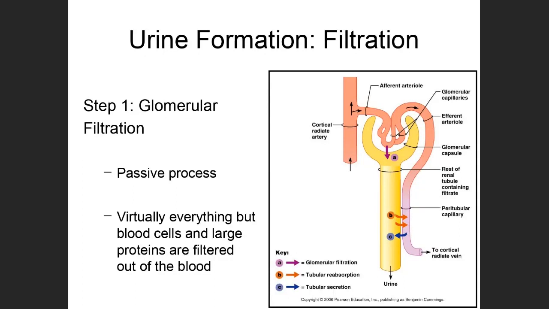And what I mean by that is there is no energy in the form of ATP that's having to be used to physically pump substances out of the blood and into the glomerular capsule. What actually happens instead is the efferent arteriole decreases its diameter, so it constricts to some extent, and its diameter is much smaller than the diameter of the afferent arteriole.